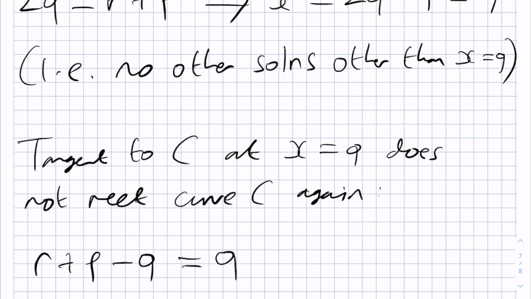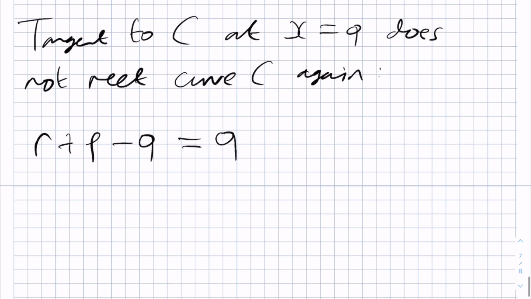As a result, this tells us, by rearranging, that 2q is equal to r plus p.